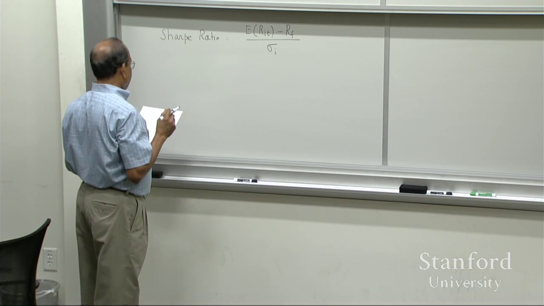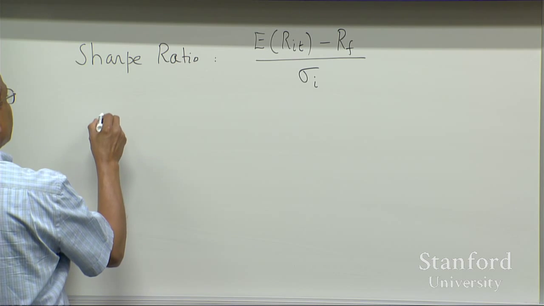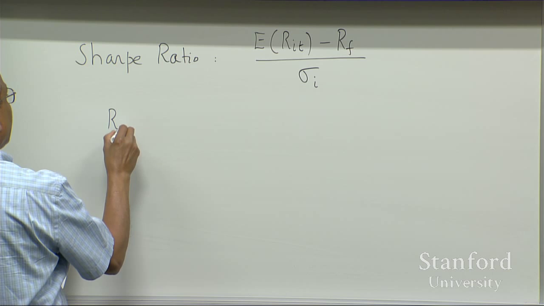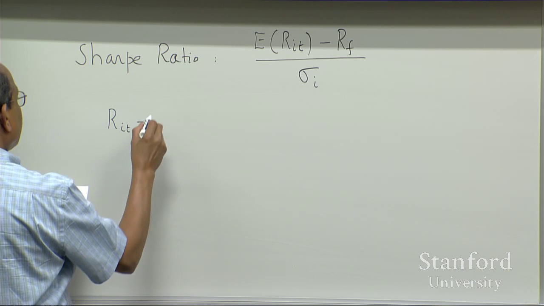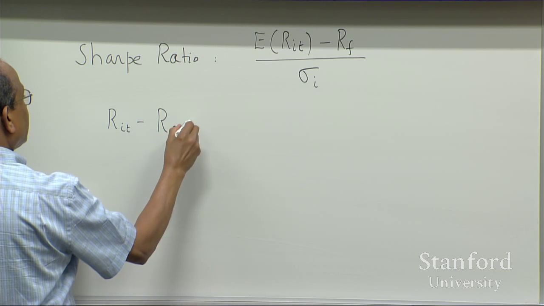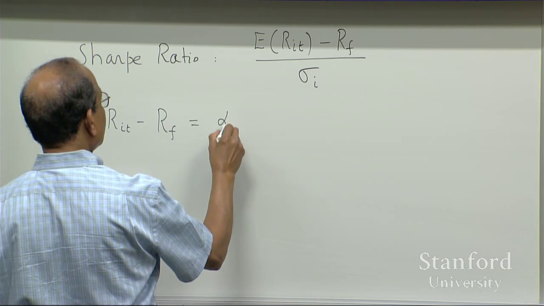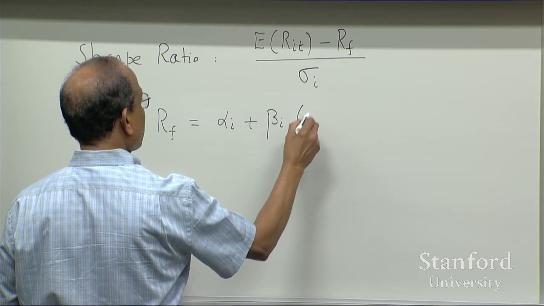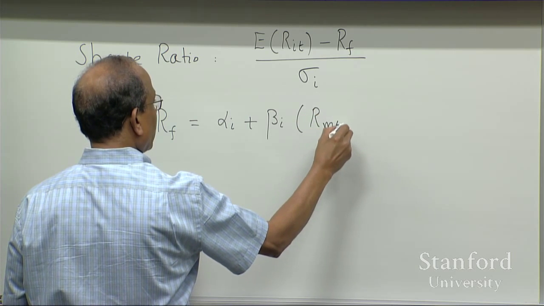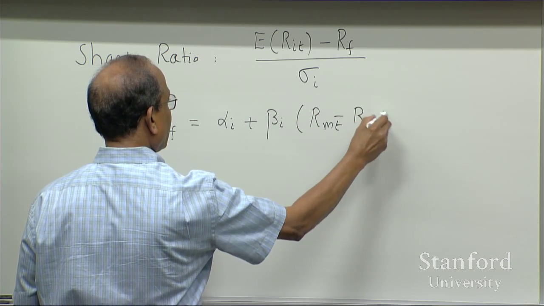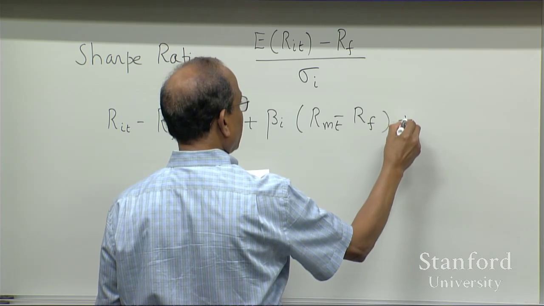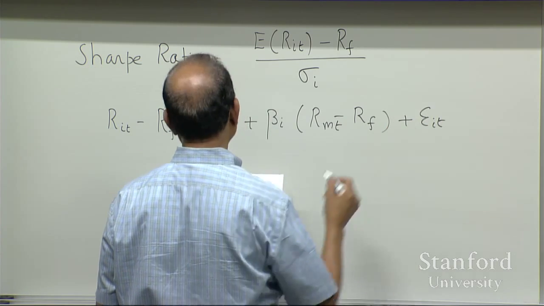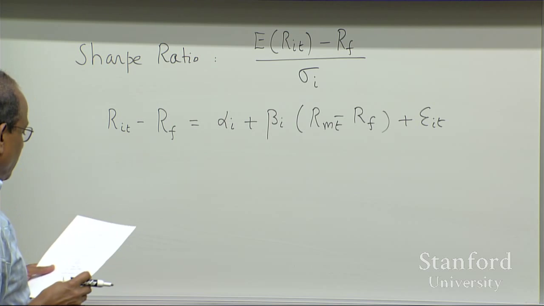The second one is based upon the traditional CAPM model. R_it minus the risk-free rate is given as alpha_i plus beta_i times (R_mt minus R_f) plus an error term. So that is the traditional CAPM model that's used.